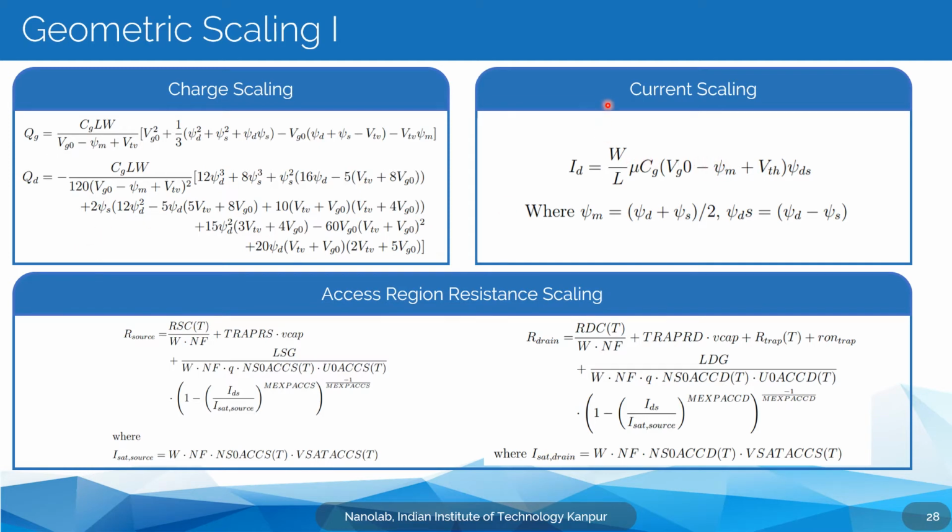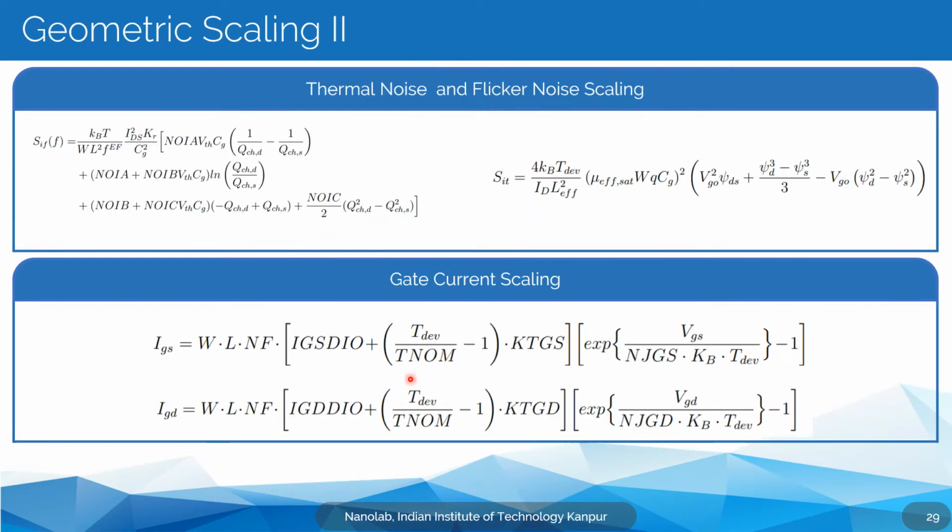Scaling is also incorporated in the current equations. All the currents are scaled, and the access region resistance is also scaled. You can see the source resistance and the drain resistance have a proper scaling factor incorporated. The noise models in ASM-HEMT are also scaled with width as well as length, which is also the case for all the previous models we talked about.